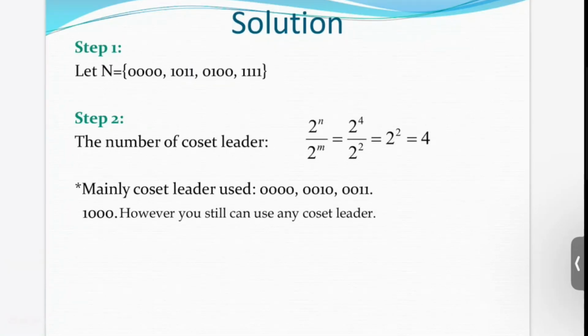So 2 power 4 divided by 2 squared gives 2 squared, which equals 4. So you have 4 coset leaders. The first coset leader will be 0000, the identity, and then you increase it, and the last coset leader must start from weight 1.